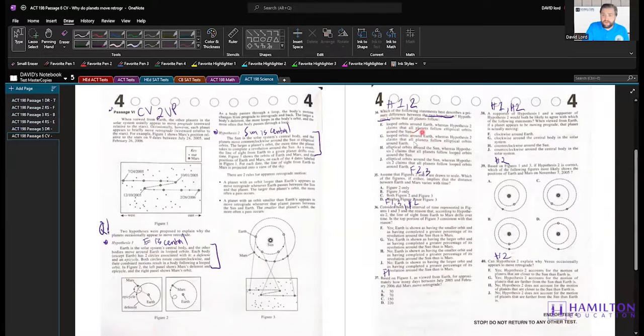That sounds pretty good. G: loop orbits around the Earth, whereas hypothesis 2 claims that all planets follow elliptical orbits around the Earth. Well, that's not true. It's around the sun. That's the opposite. So again, this is wrong too. That's why the correct answer was F, because it was about the Earth, and then the elliptical orbits around the sun for hypothesis 2.